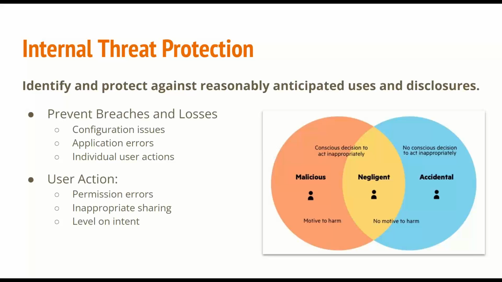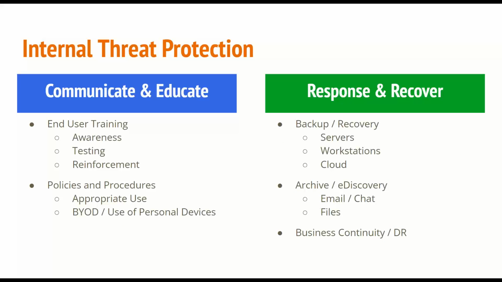Similarly, for individual users, did they share it inappropriately on purpose? Were they not thinking, or are they just not aware? Right? And how you respond and how you deal with that employee will be impacted by your belief on their level of intent.